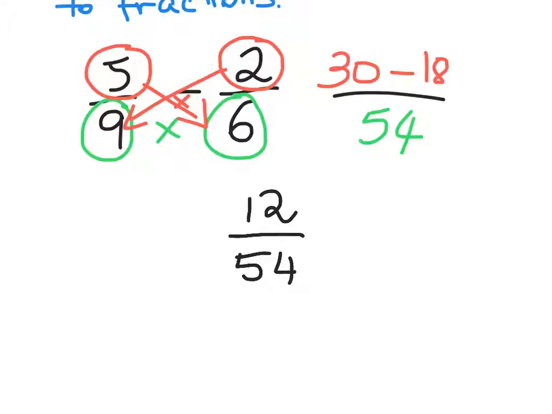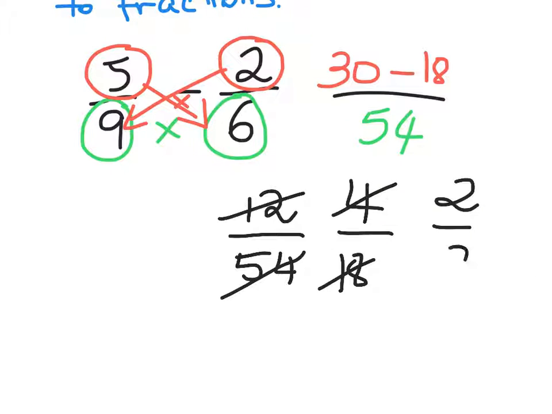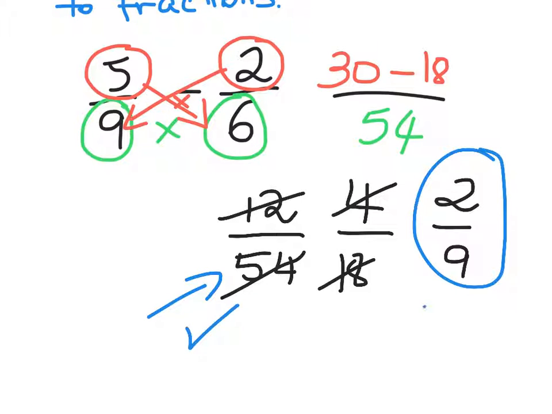We can work out how many 3s go into each. There are 4 3s in 12 and there are 18 3s in 54. We can further simplify this by halving. So this answer is correct, but this is the simplified version.